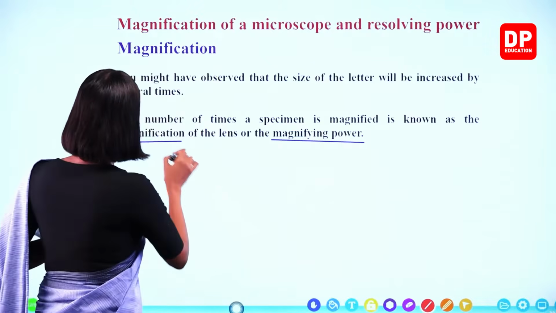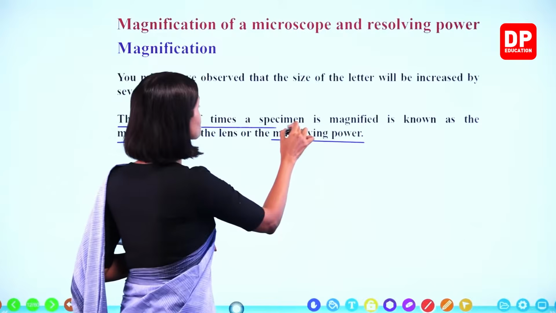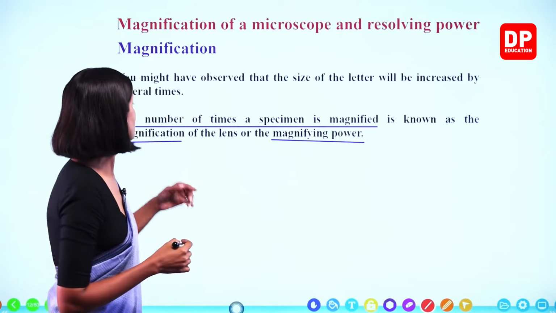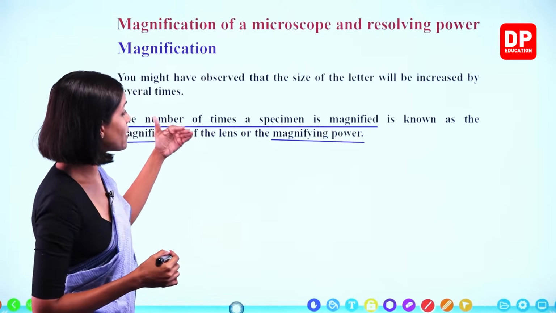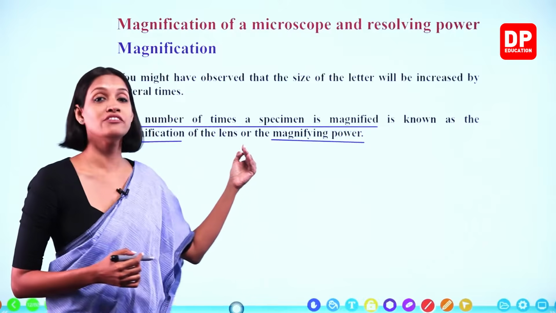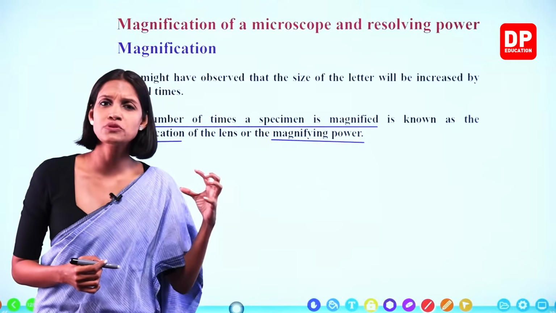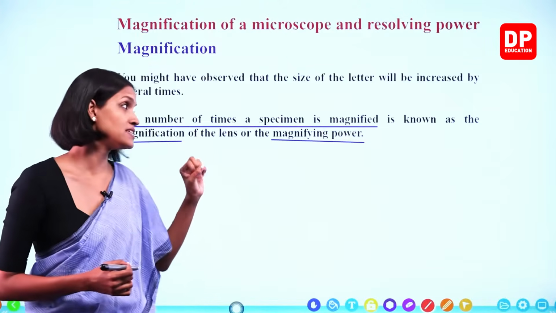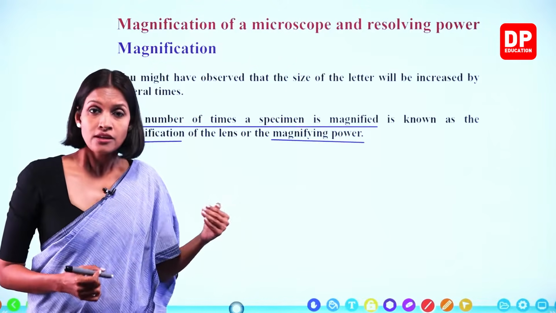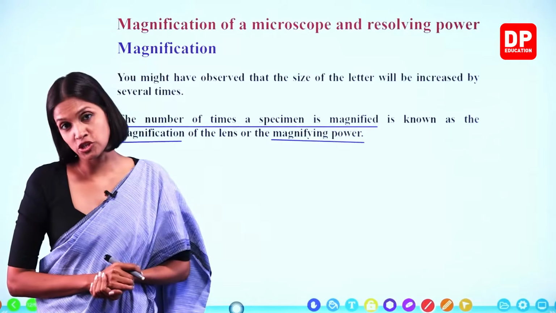The number of times a specimen is magnified is known as the magnification of the lens or the magnifying power. So when it comes to hand lens or convex lenses, what happens? This magnifying power depends on the curvature.